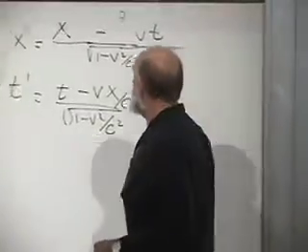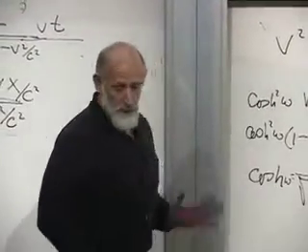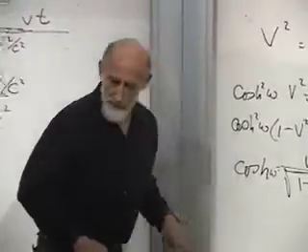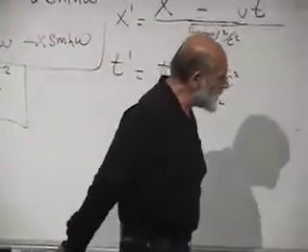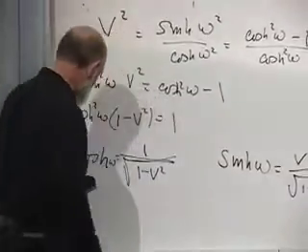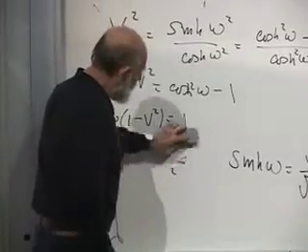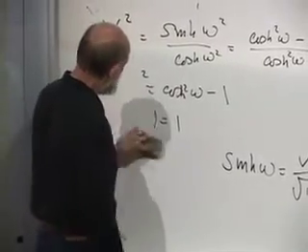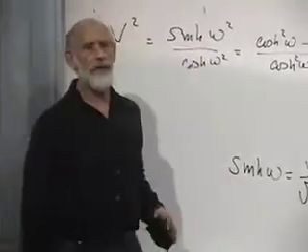Now, how different is omega from the velocity? Let's work in units in which the speed of light is equal to 1. Where is our formula for velocity? All right, let's take this formula over here. What is sinh omega for small omega?